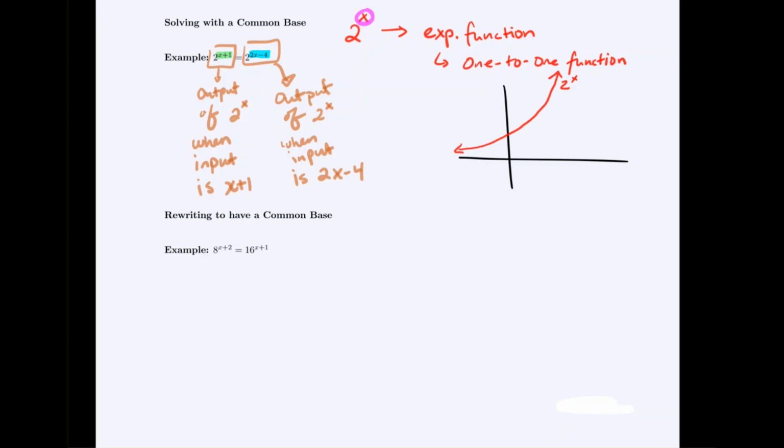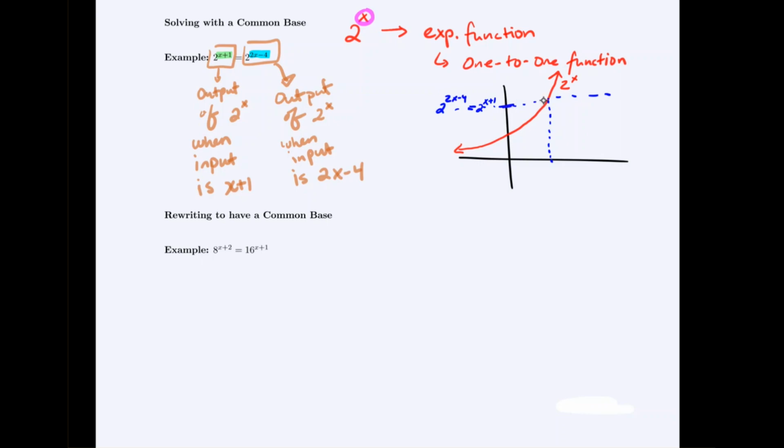We know if we pick any output value, for a one-to-one function, if that output value is equal to another output value, then what that tells us is the input values have to actually be the same.